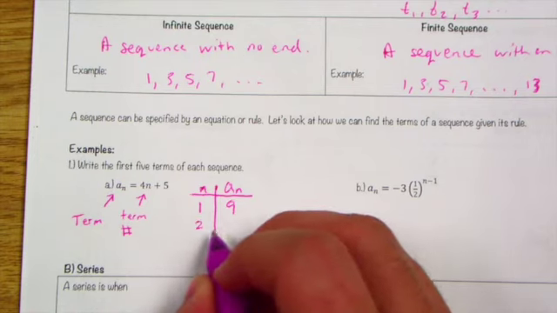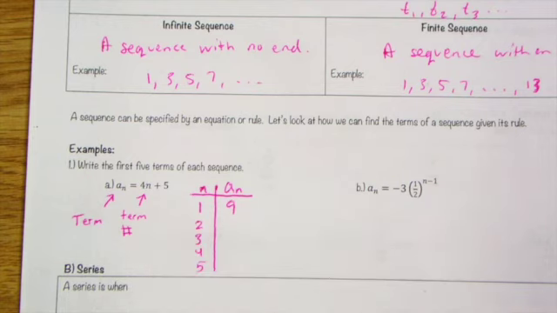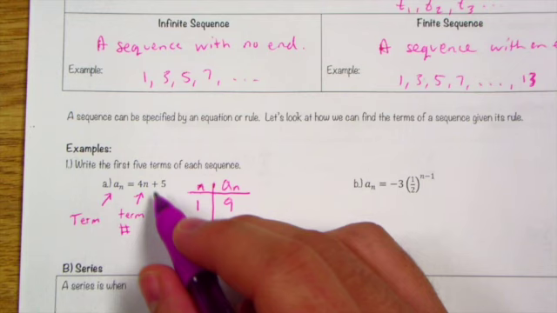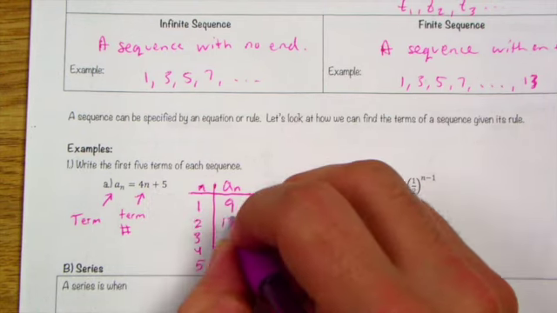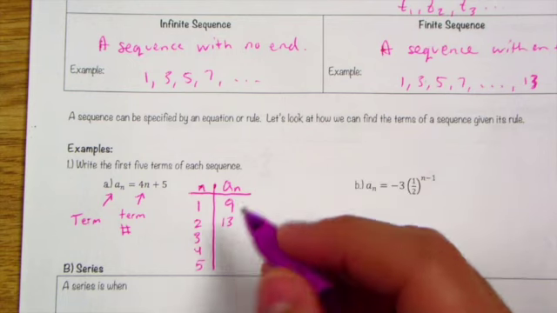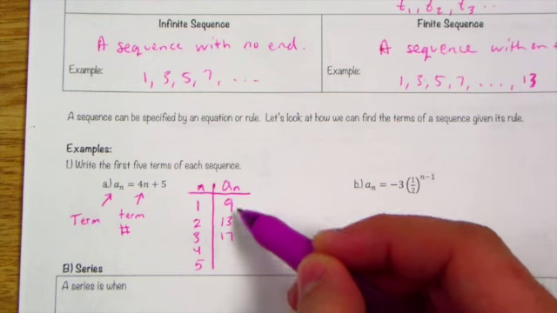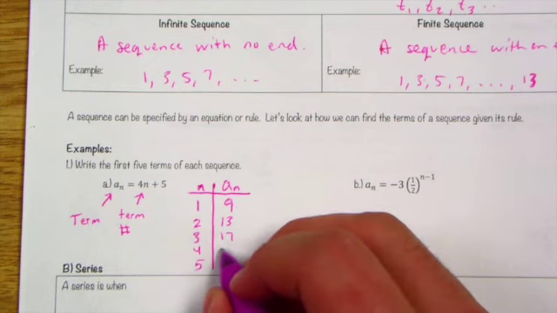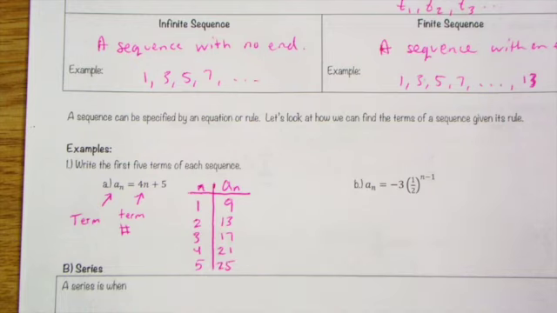Term 2. It says to find the first 5 terms, so we'll do that. If we put 2 in, that's 2 times 4, which is 8, plus 5 is 13. 3 times 4 is 12, plus 5 is 17. You should see the pattern here. Clearly it's adding 4, so you could just assume it's going to continue to add 4 to get the rest of the numbers.